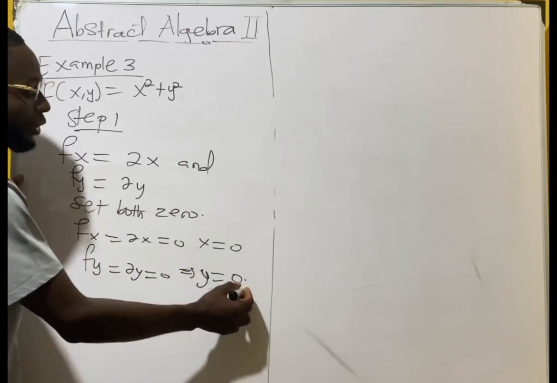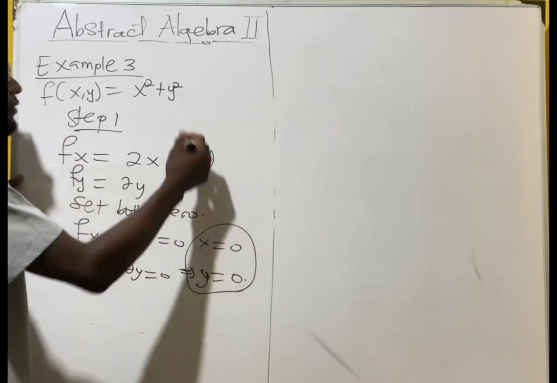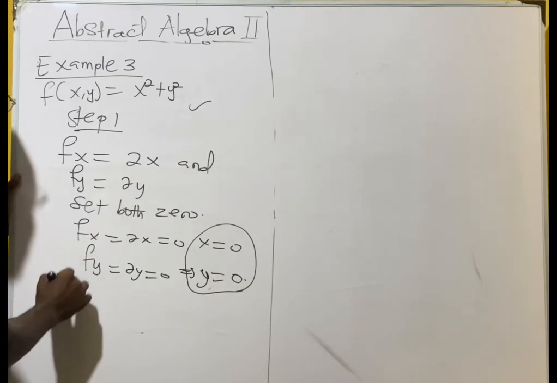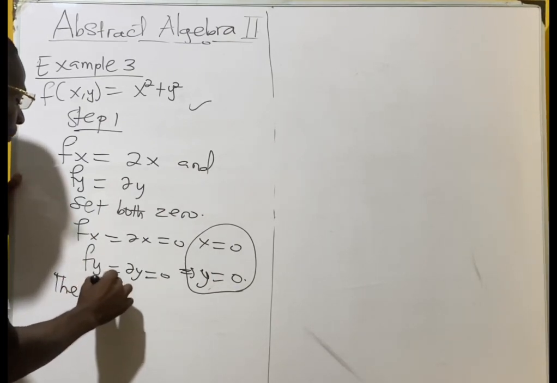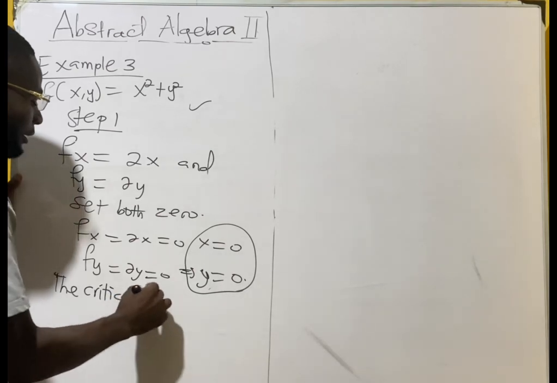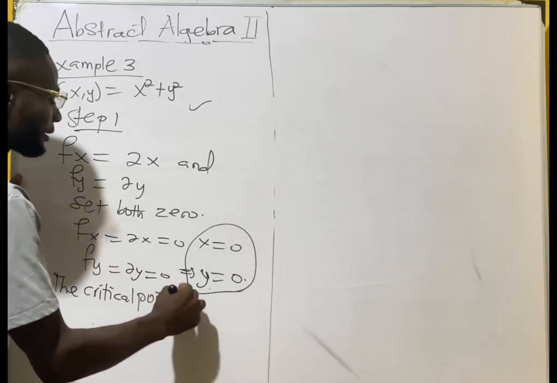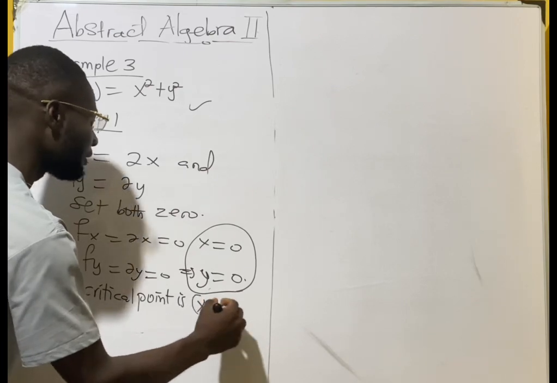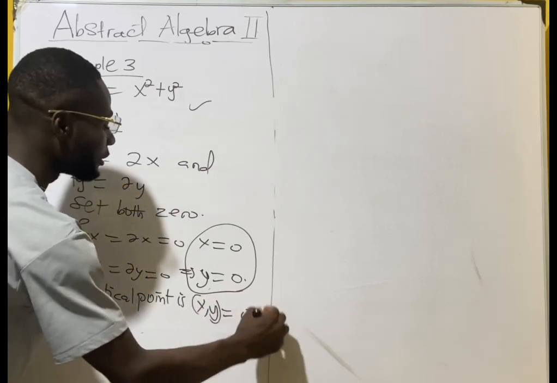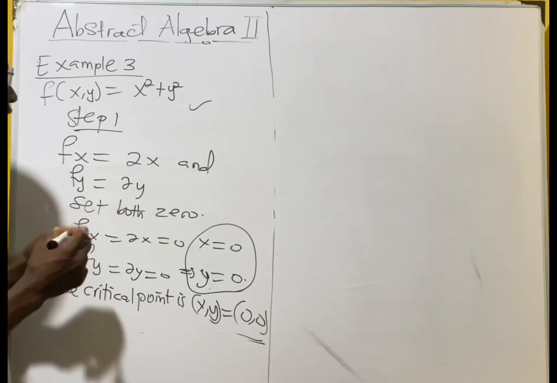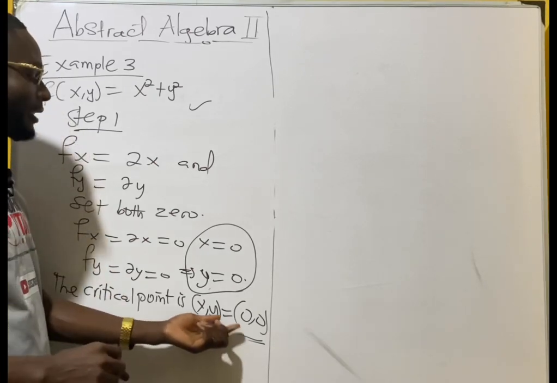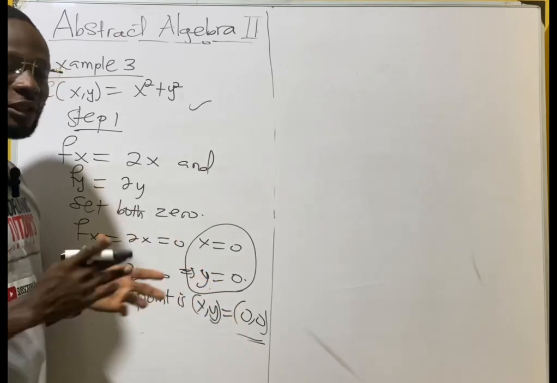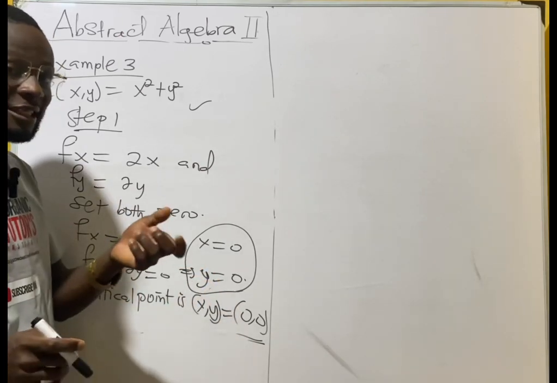Okay, so the critical point for this particular function is at x, y equals what? 0, 0, right? So our critical point is at (0, 0). Now we know the critical point. What is next? We want to find the Hessian matrix.